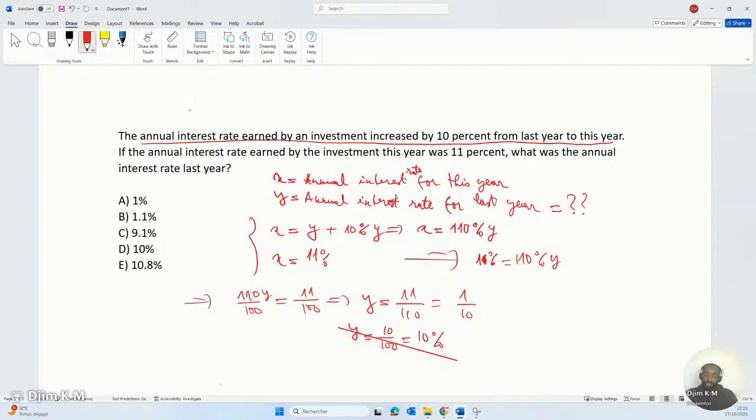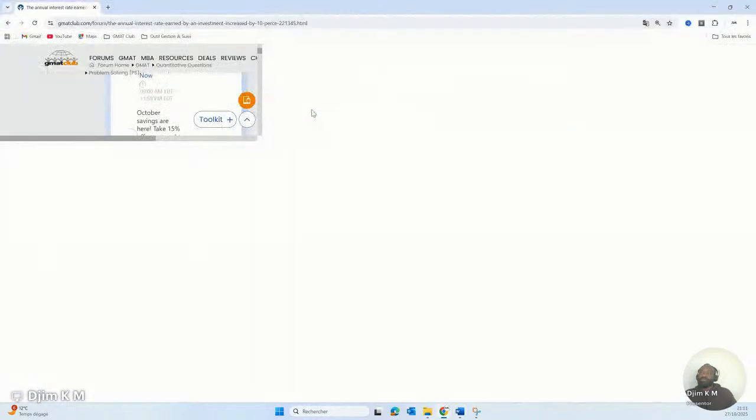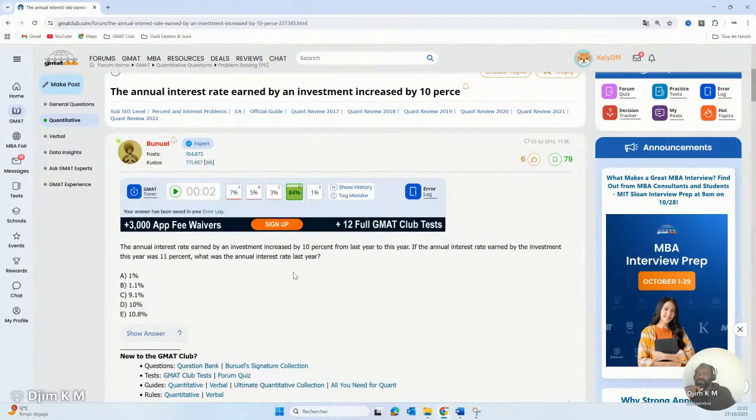I think that is the answer. So it's probably this. I'm not sure, but let me check. So I said 10%, answer D. Yes, so answer D is the answer.